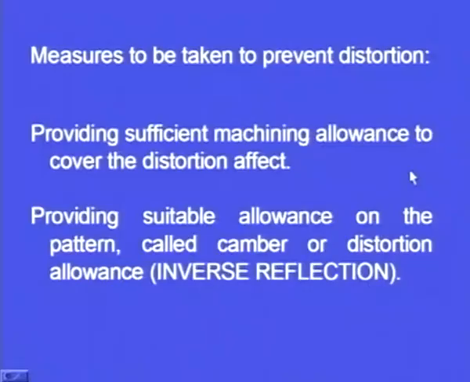Measures to be taken to prevent distortion. First one is we will provide machining allowance so that even if the casting undergoes distortion, wherever it has gone distortion we will machine it, until it gets the required shape.